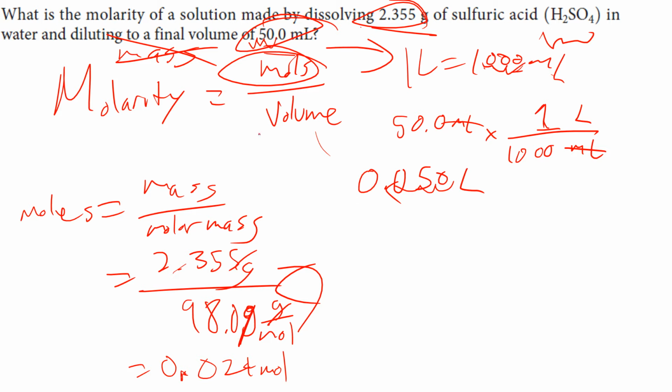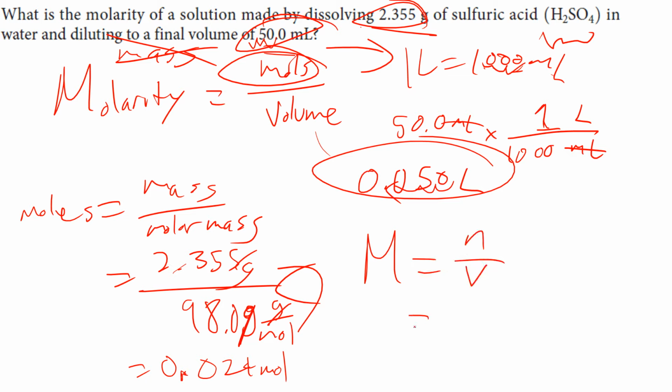And so we have moles, and we have volume, well, we can do it, right? Molarity is equal to moles over volume. Moles is 0.024 divided by volume, 0.05 liters. And when we do that, 0.024 over 0.05, we get 0.48, okay?